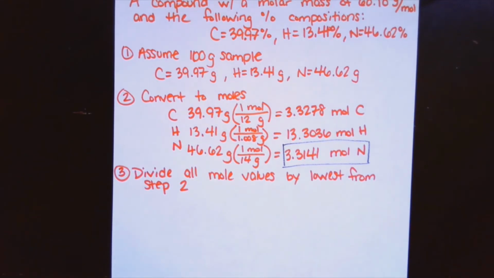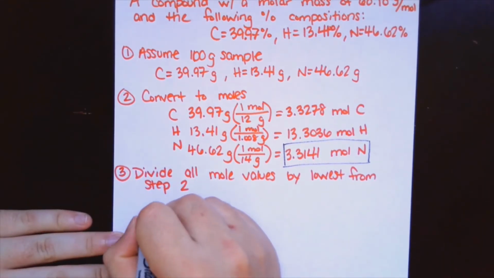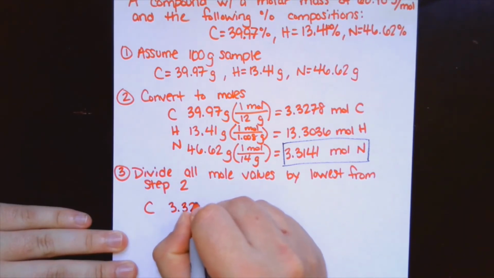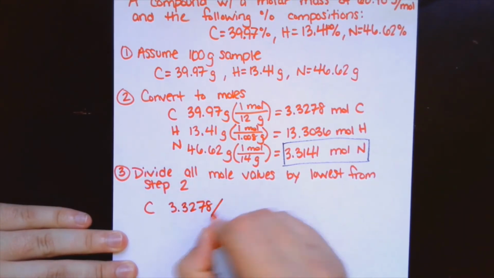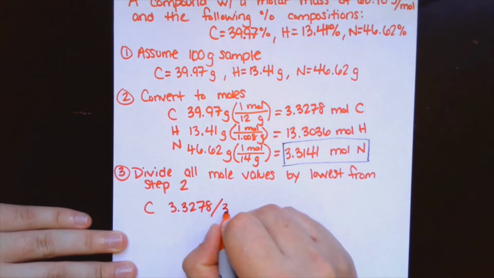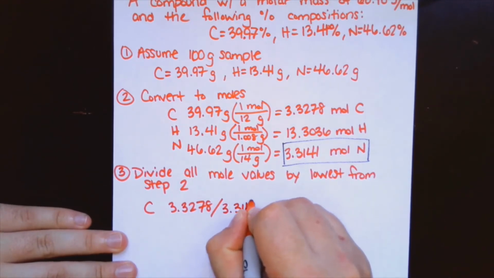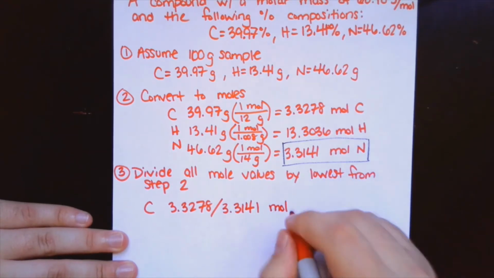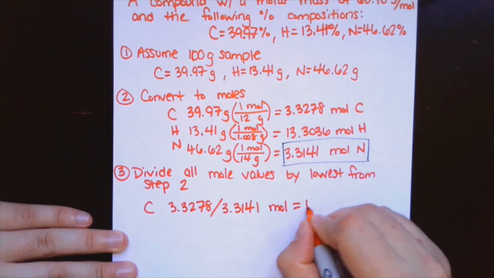So for carbon, we've got 3.3278 divided by, remember, the moles of nitrogen, which happen to be the lowest one here, equals 1.004.